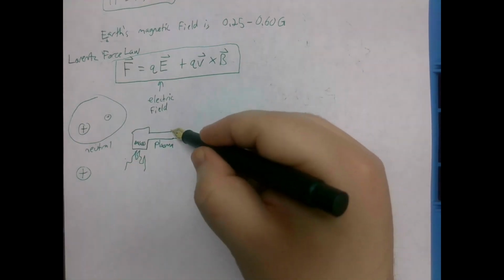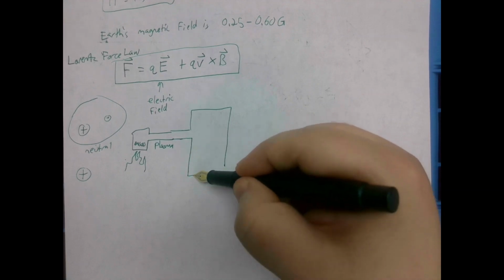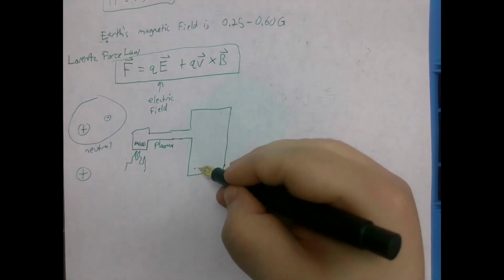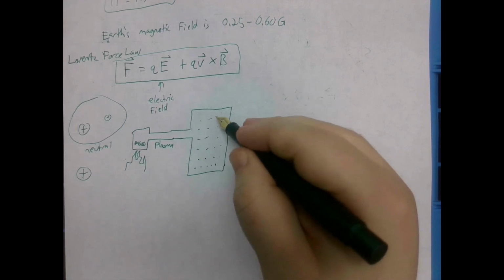And then we're going to send it into a large magnetic field. The dots represent the magnetic field, where it's coming out of the paper.